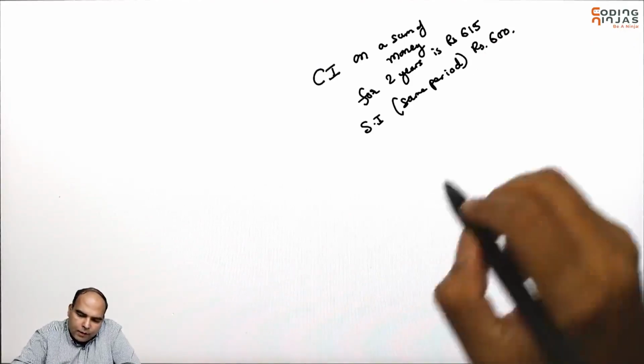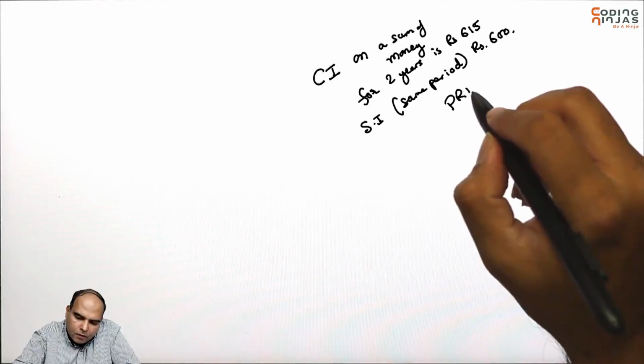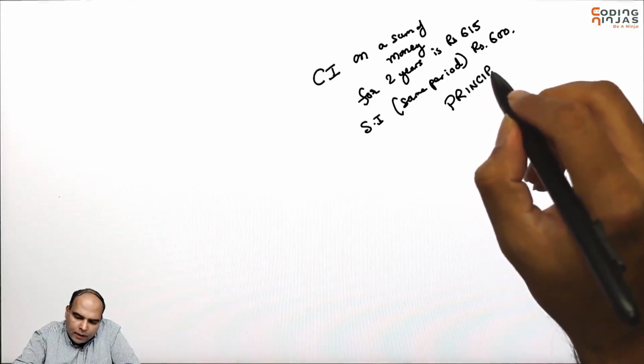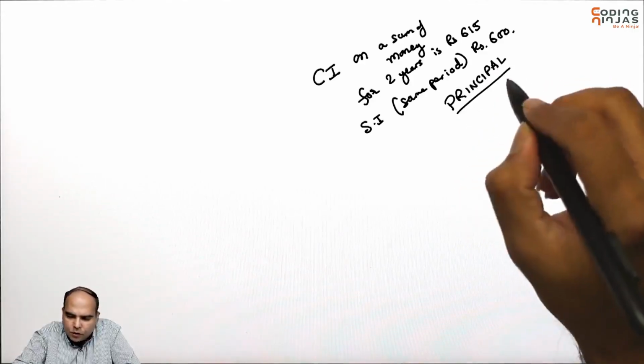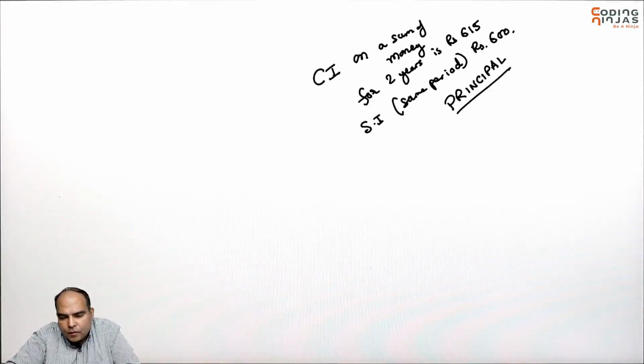So you are asked to find a principal, or you could also be asked to find the rate of interest. So let's focus first on the principal in this case.